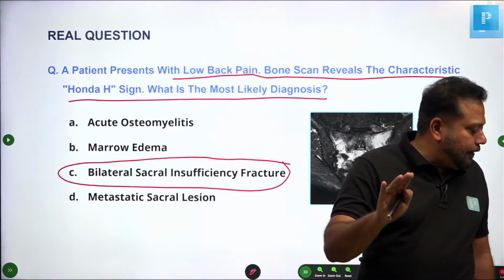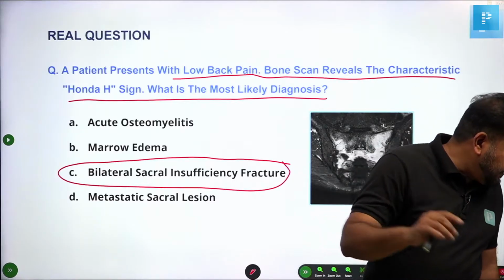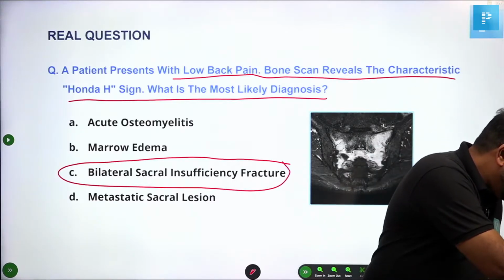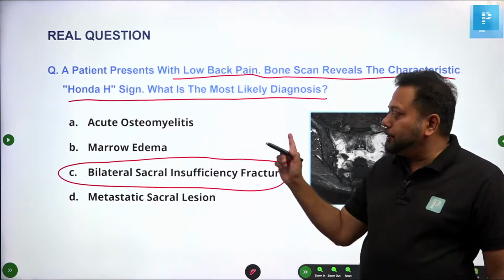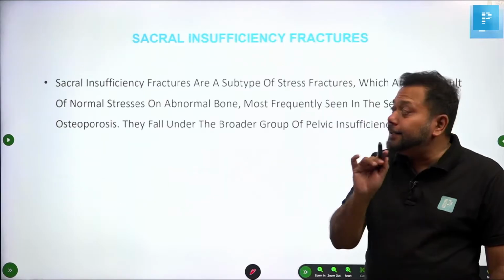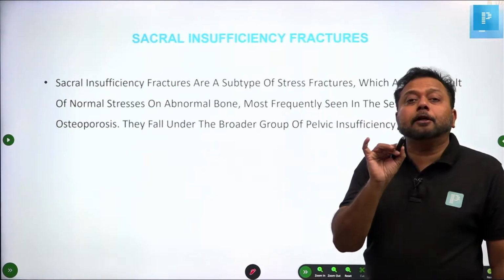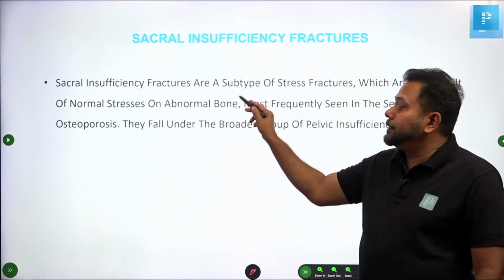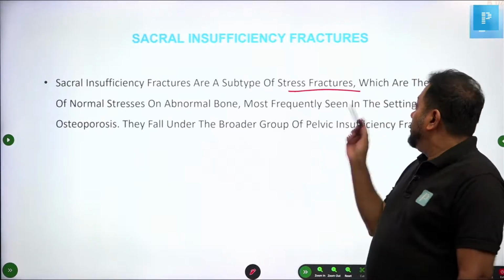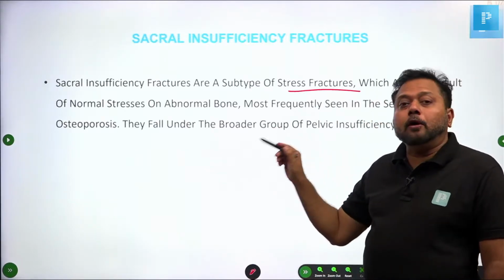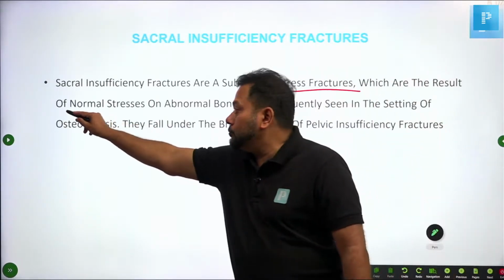Yes, INI-CET May, it was an asked question. Now let us quickly see the salient, important points. Sacral insufficiency fracture is a subtype of stress fractures, which are the result of normal stress on abnormal bone.